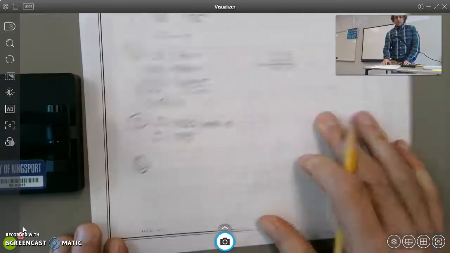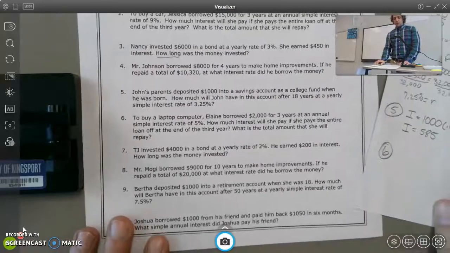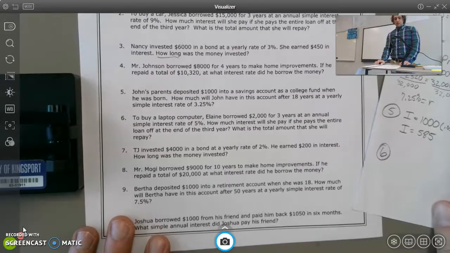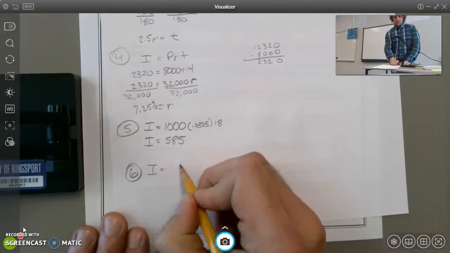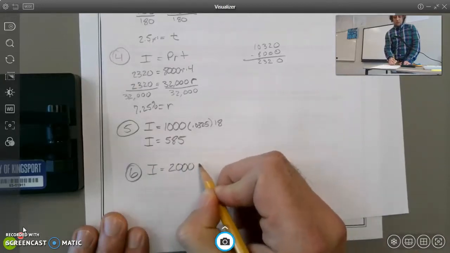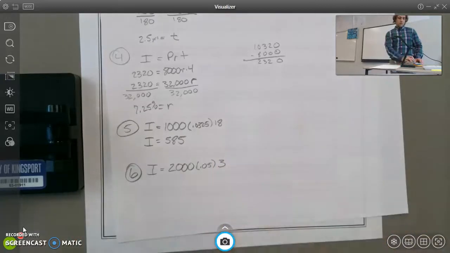Next, question 6. To buy a laptop computer, Elaine borrowed $2,000 for 3 years at an interest rate of 5%. All right. $2,000, 5%, 3 years.